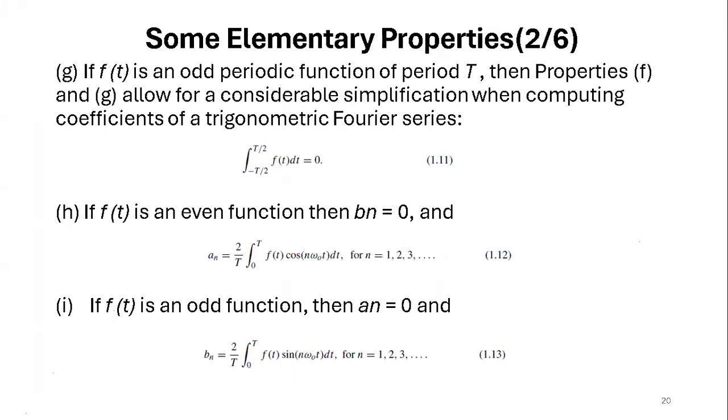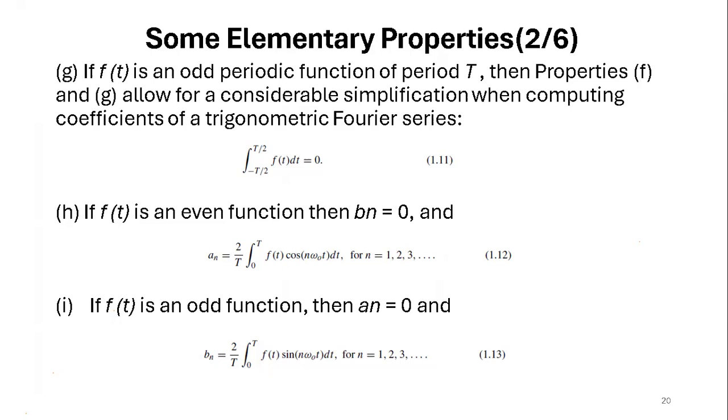Now, if f of t is an odd periodic function, then these properties allow considerable simplification in computing the coefficients of the trigonometric Fourier series. The integral from minus half period to half period of f of t dt is equal to 0. Simple.